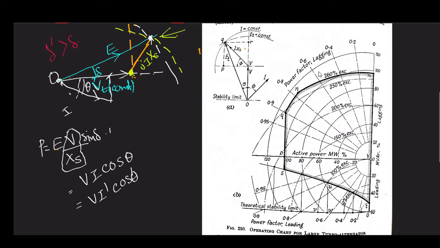For zero excitation, if you keep the excitation 0, then what would happen? Your E will become 0, and for that value of E, V remains constant. What would be the I? I will be 100 by 167, that is roughly 60% of your full load value.